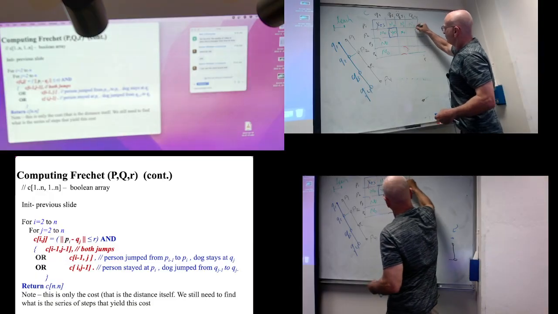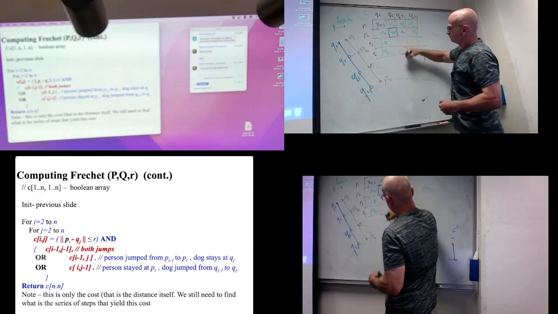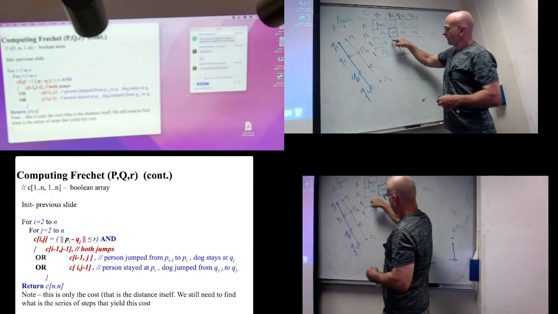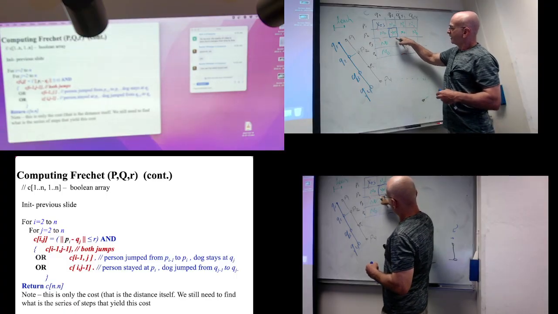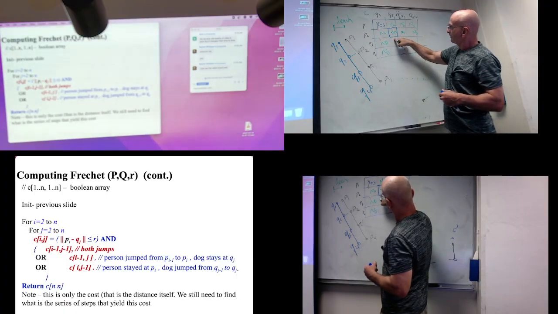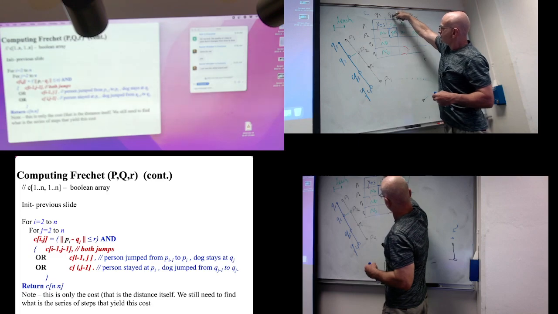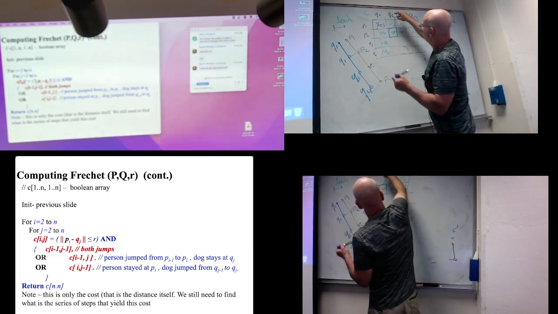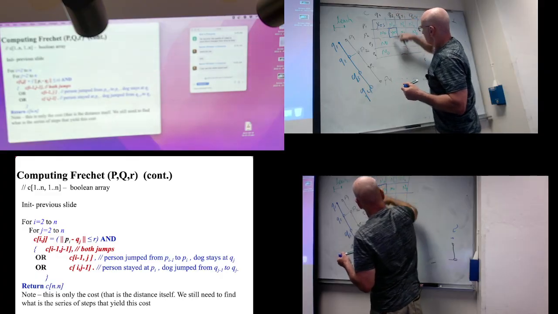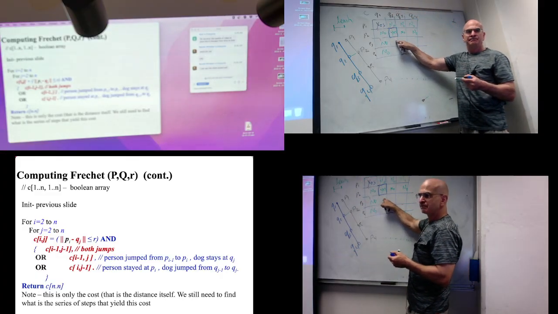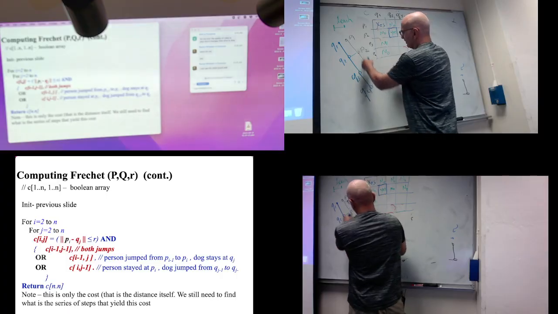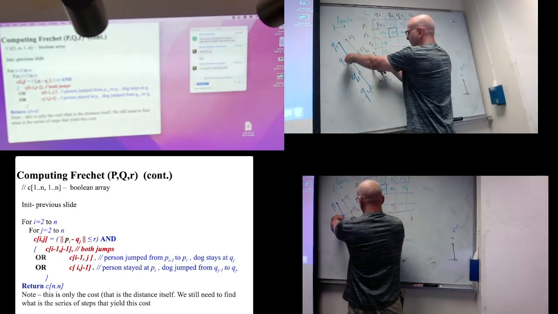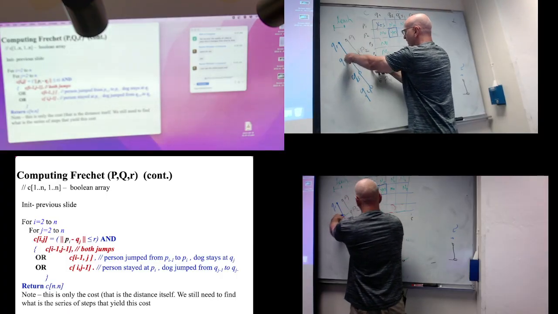So this will be a no. And Q2 and P3, it's hard to see, but this is Q2 and P3, too far away.